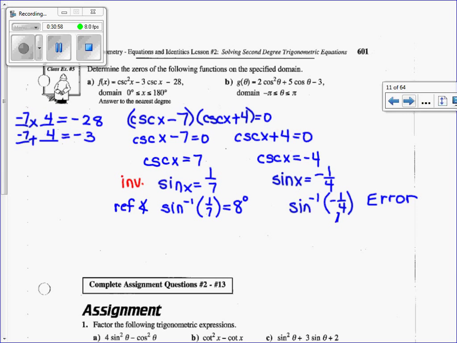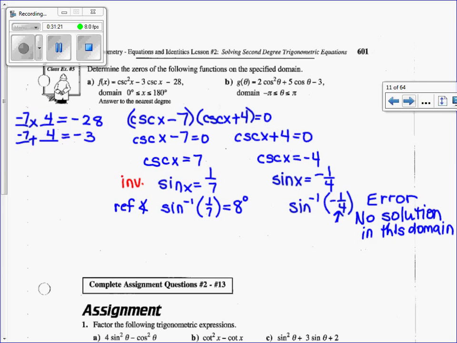This value here would have to be positive, and so you can't take the inverse sine of a negative number. So this actually means there is no solution on this domain when you get that error message. Okay, it's not possible is what that means.